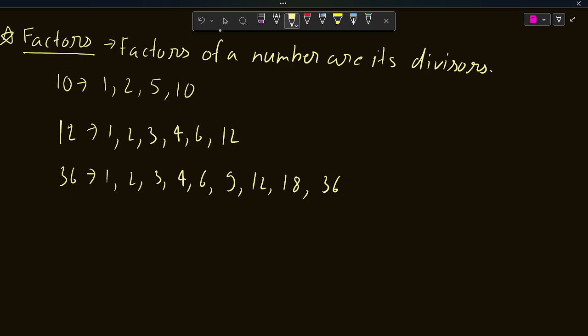Now if you observe, I'm writing factors of 10, then factors of 12, then factors of 36.